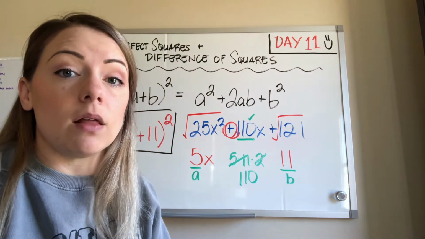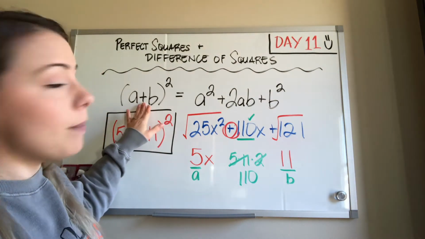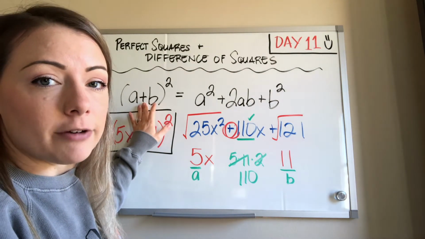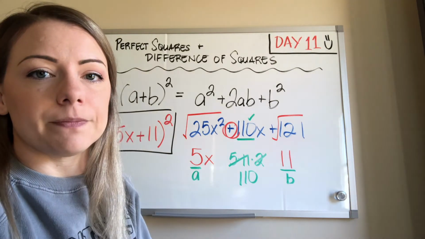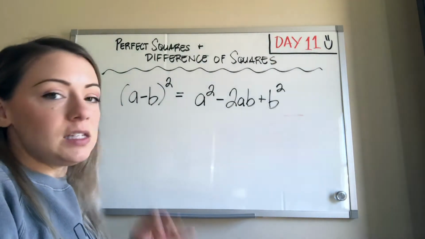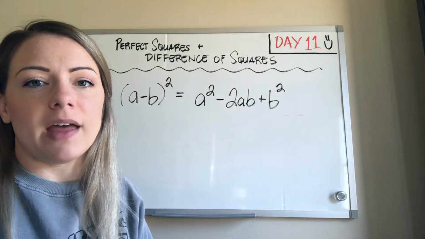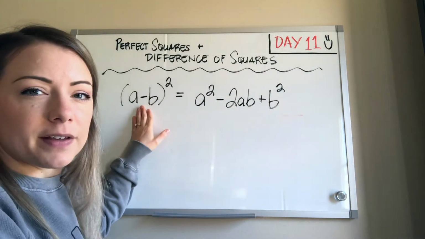All right, so now let's work our way into not just a perfect square that has a sum, but a perfect square that has a difference. And it's so similar with just one slight change. So at this point, I have a perfect square that has a difference, meaning I have subtraction in the perfect square.